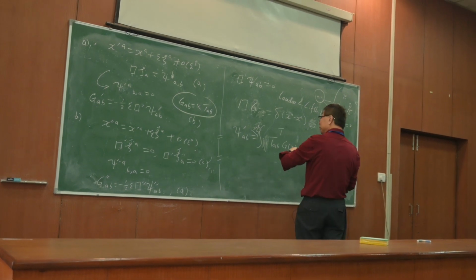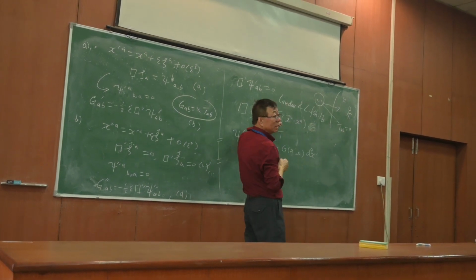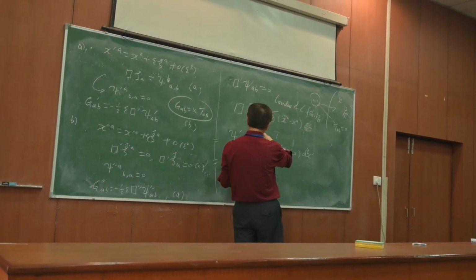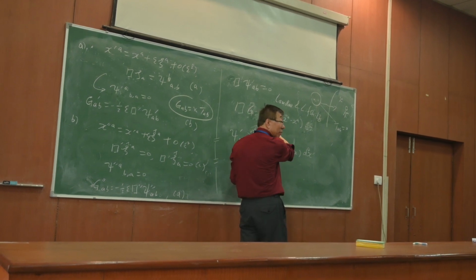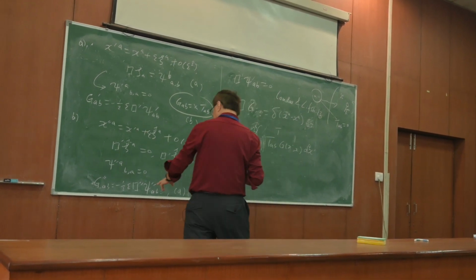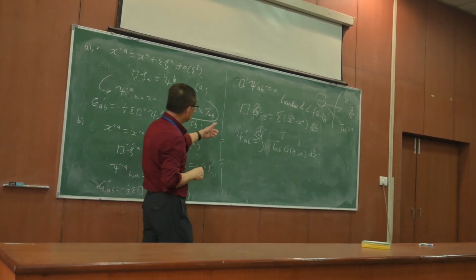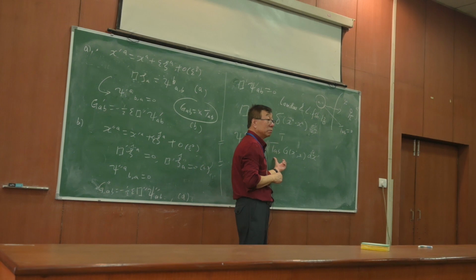So I can use the Green's function. There are many ways, and this is one way, because once you get this, you can write the solution with the Green's function. So I can use the Green's function to solve this equation. My GAB will be written like this.